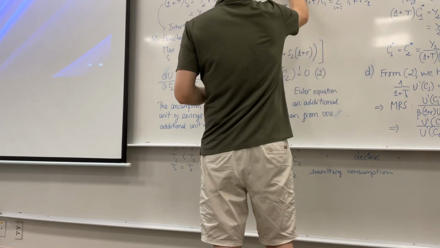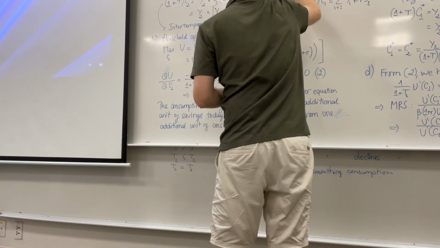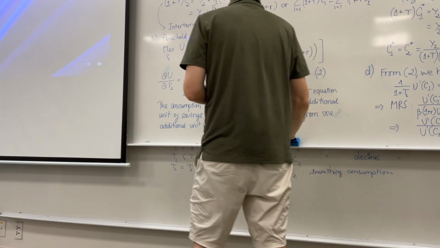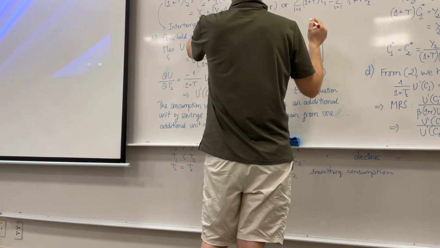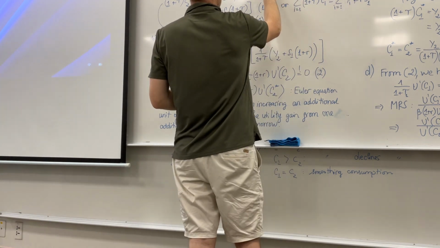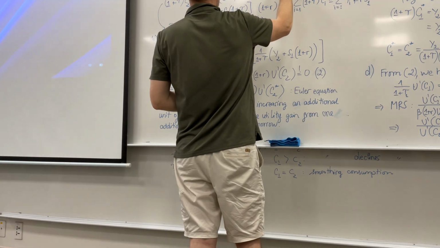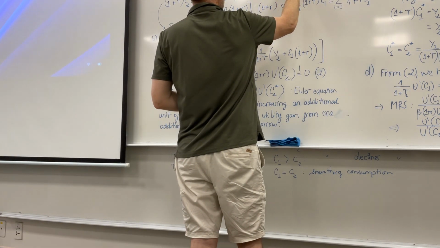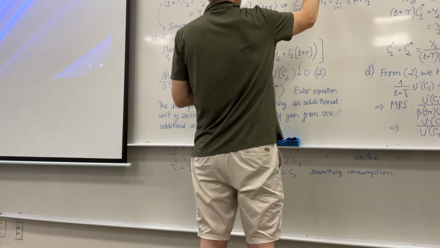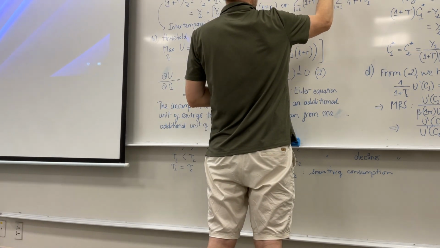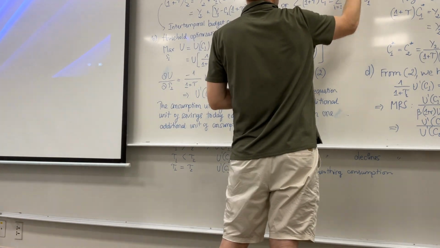I'm going to do it step by step before I get to the summation. Right, so I have (1 plus tau) C2 plus (1 plus r) C1 equals y2 plus (1 plus r) y1.